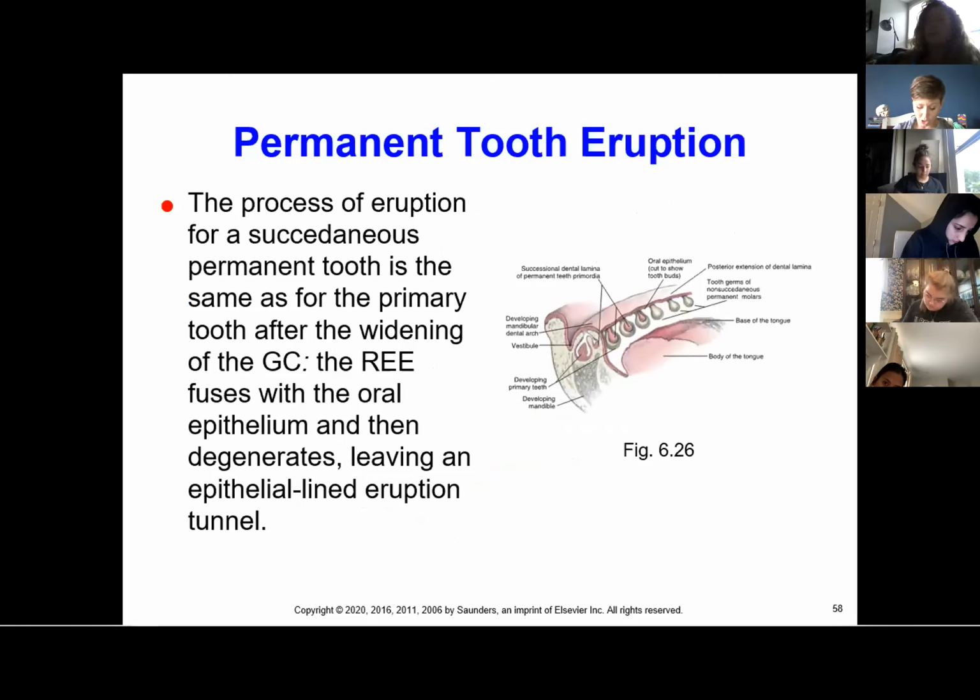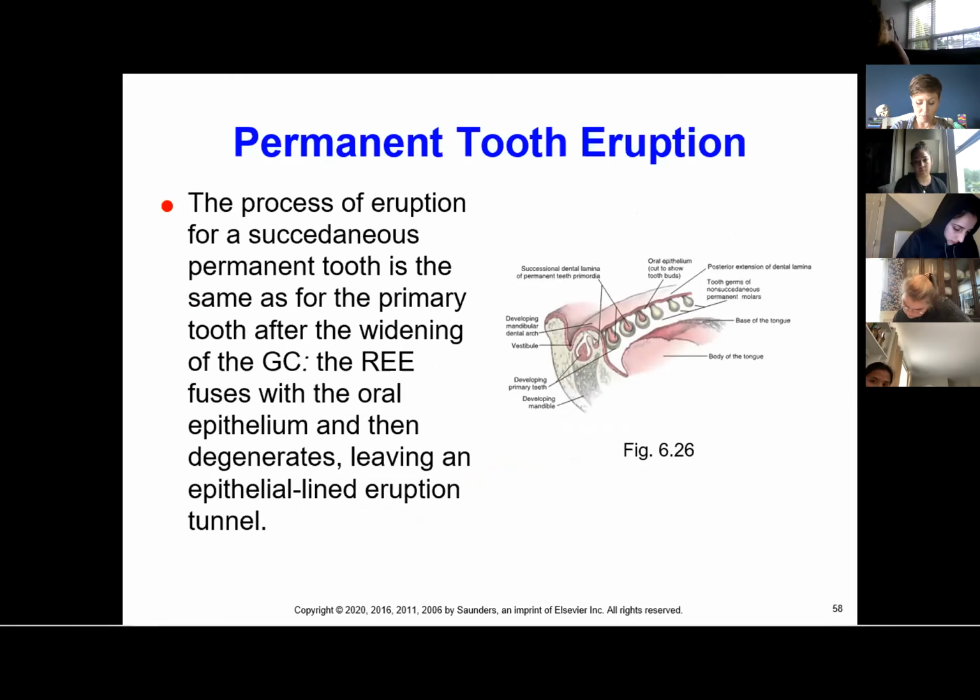So the gubernacular canal, I'll tell you what that is. The dental sac surrounding the succedaneous permanent tooth retains its connection with the lamina propria of the oral mucosa by means of a strand of fibrous cord, which is remnants of the dental lamina within the gubernacular canal.